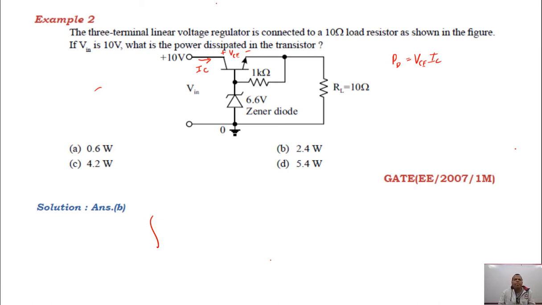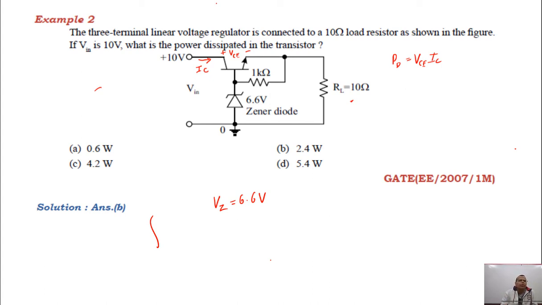So now input voltage is 10 volt and your load resistance is how much? That is 10 ohm. Fine. So Zener voltage, please see, the Zener voltage Vz is how much? Zener voltage Vz is 6.6 volt. That is given to you. Fine. So we need to find voltage VCE and collector current.